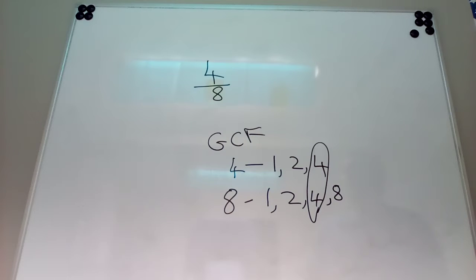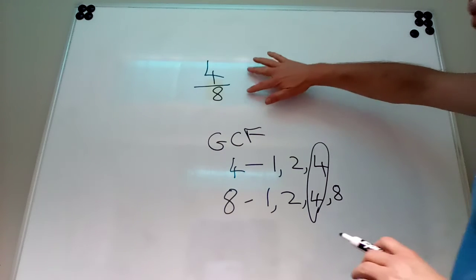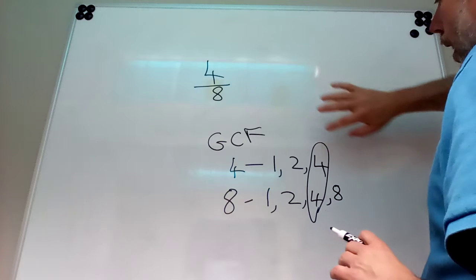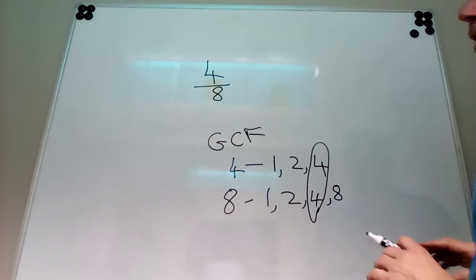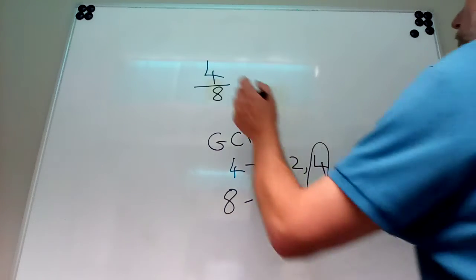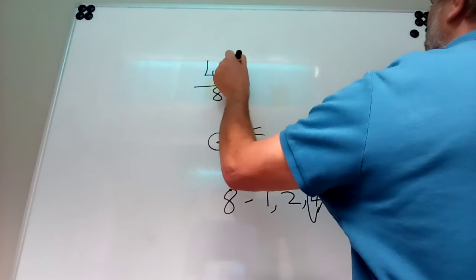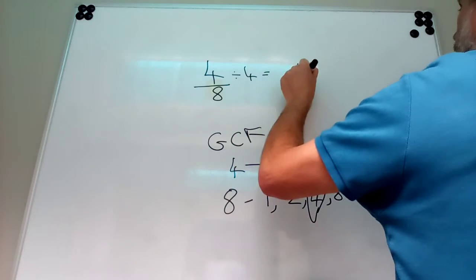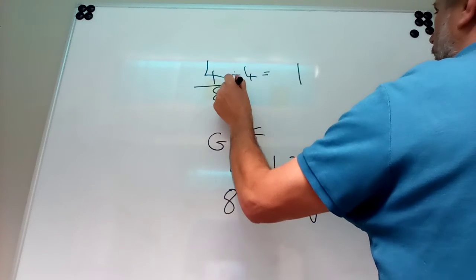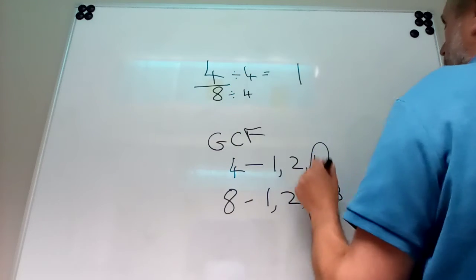Now, if you take this fraction and divide it by the greatest common factor, then you'll have your reduced fraction. So if we take this 4 and divide it by 4, that equals 1. Well, if we take this 8 and divide it by 4, it's divided by the same number.